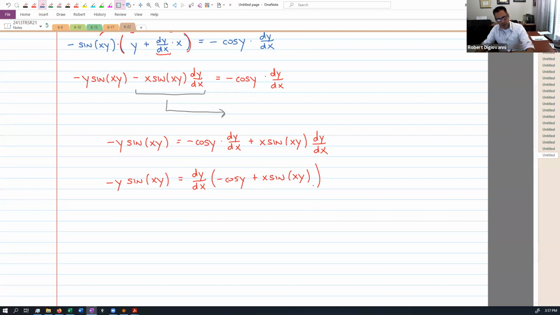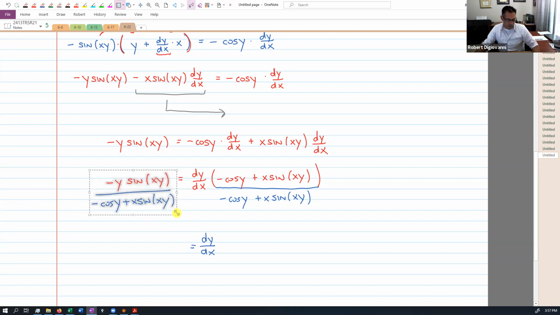And then finally, we divide both sides by that. And that's what dy/dx will be. It's equal to this side right here.